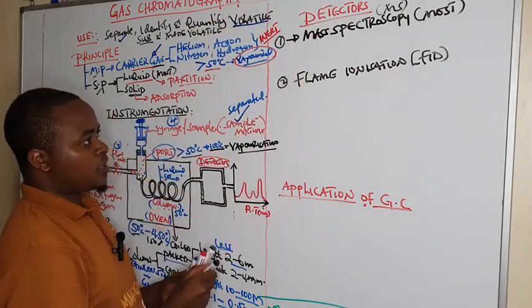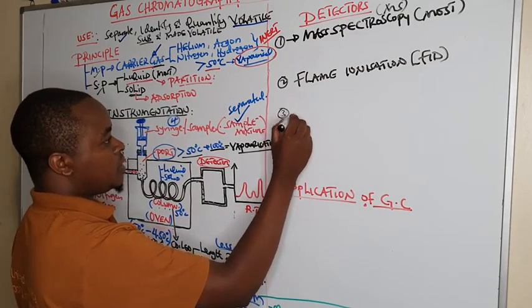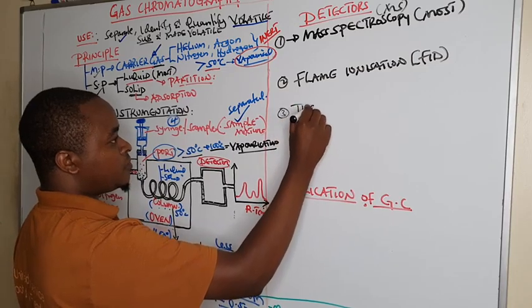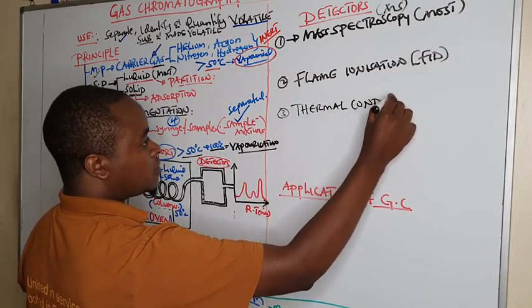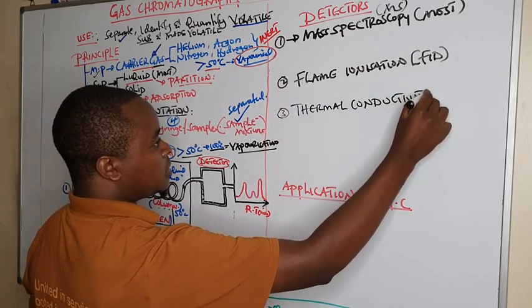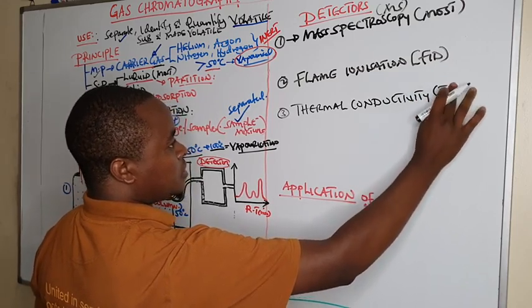Then the third one we can use in the detector system is the thermal conductivity detector system, which is abbreviated as TC.